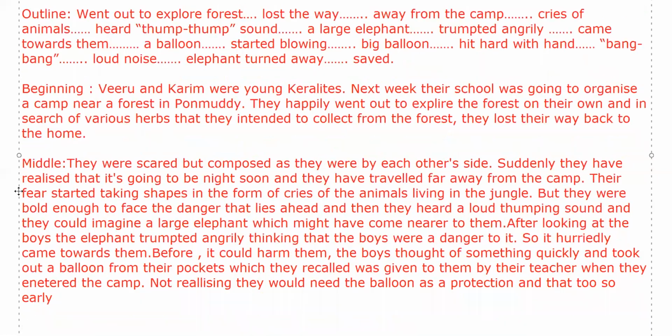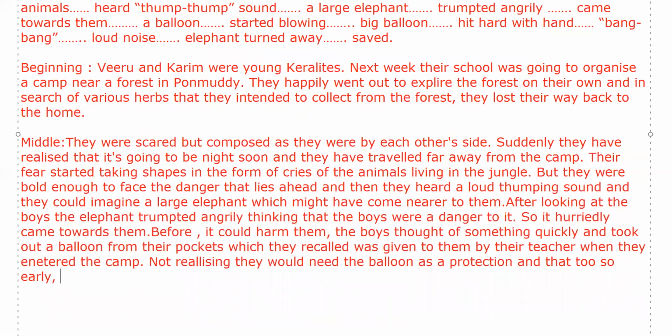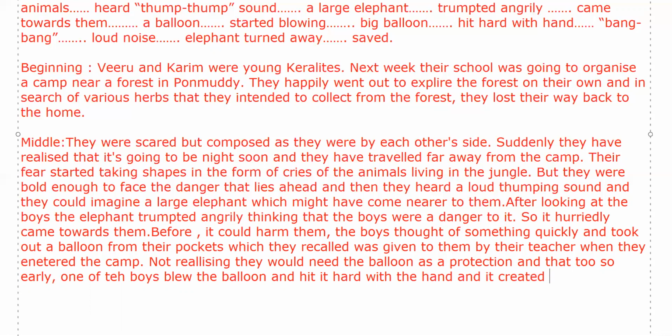Let me shift it upwards. One of the boys blew the balloon and hit it hard with the hand and created a bang.